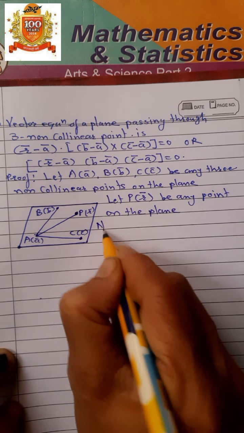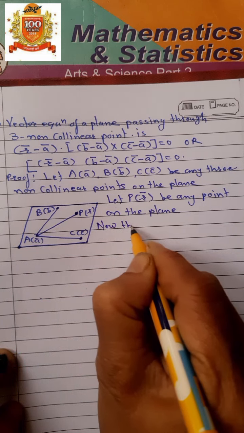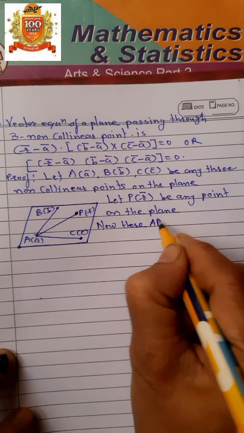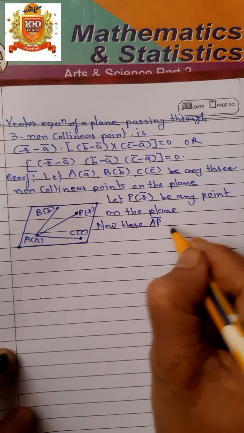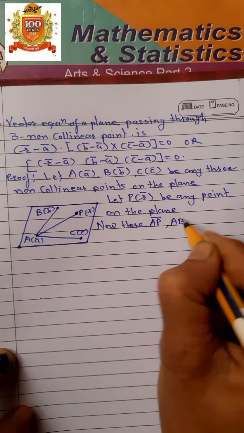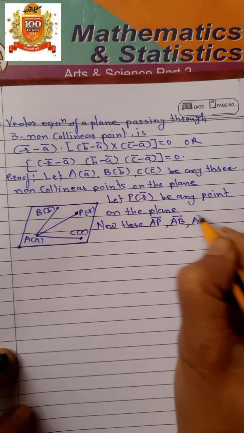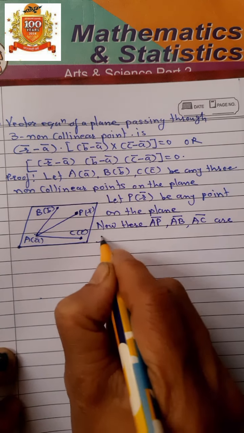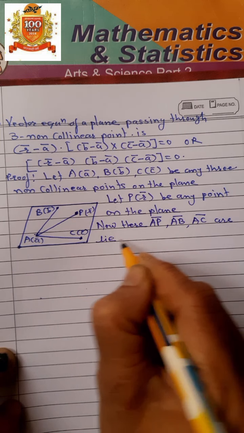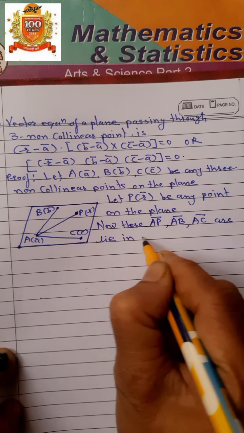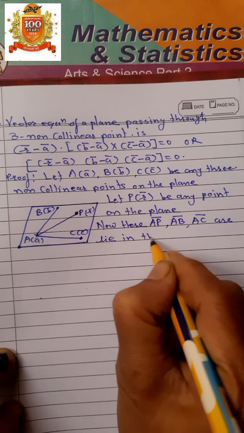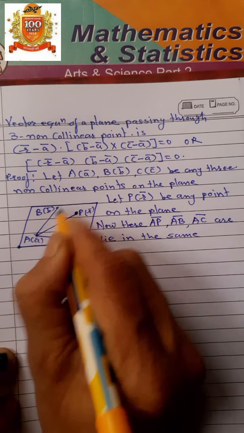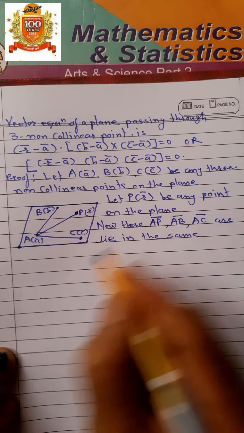Now here AP bar, AB bar, AC bar lie in the same plane. These all 3 vectors lie in the same plane, isn't it?